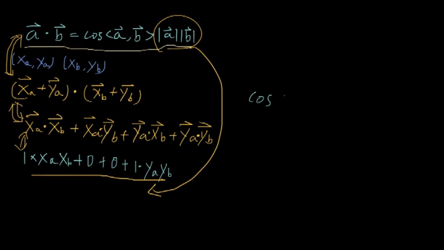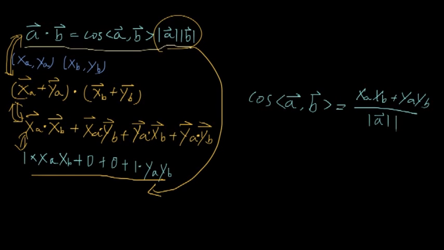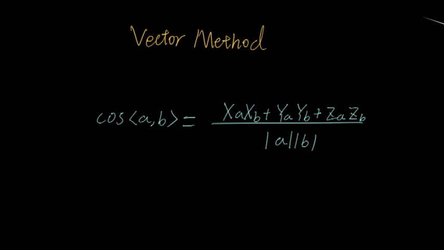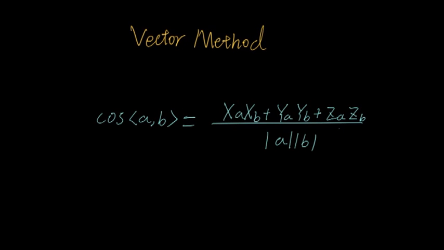Cosine of the angle between vector A and vector B is equal to XA XB plus YA YB, and we have the length of A and the length of B in here. So that looks awfully familiar with what we had back here. ZA ZB is optional. We don't need to consider that in a two-dimensional coordinate system.